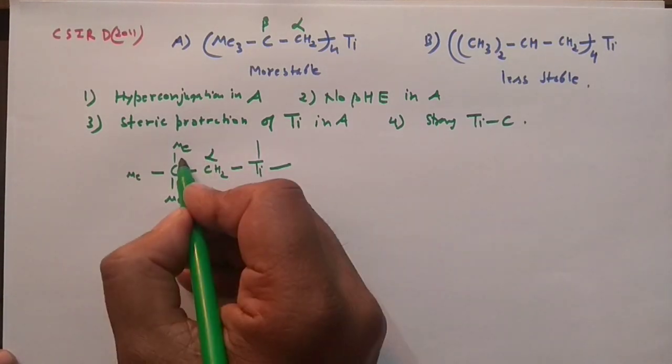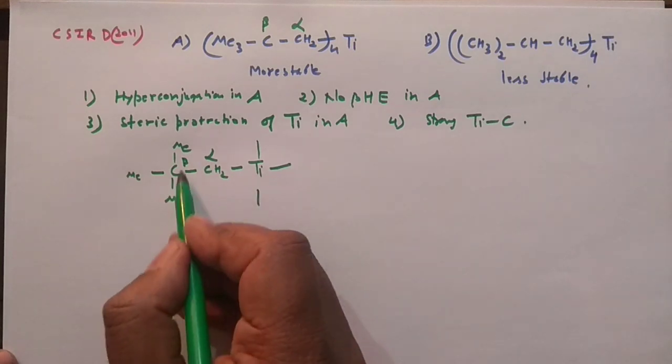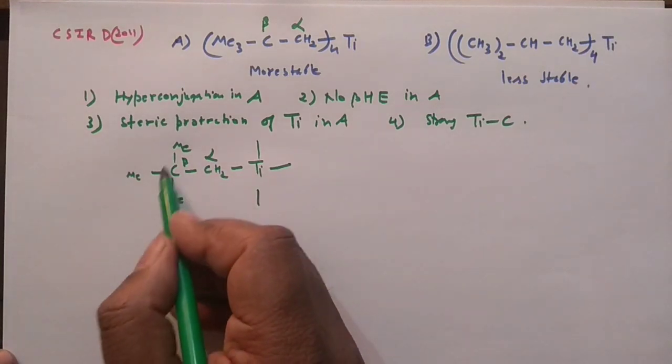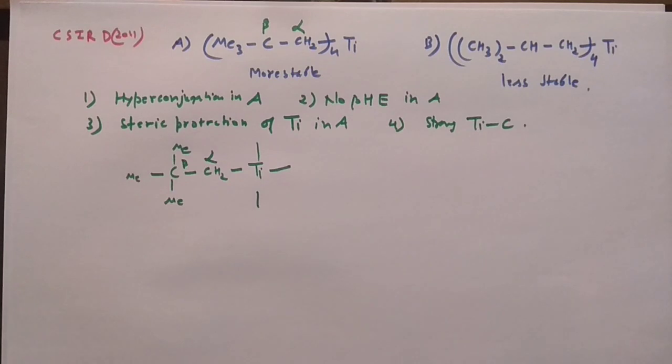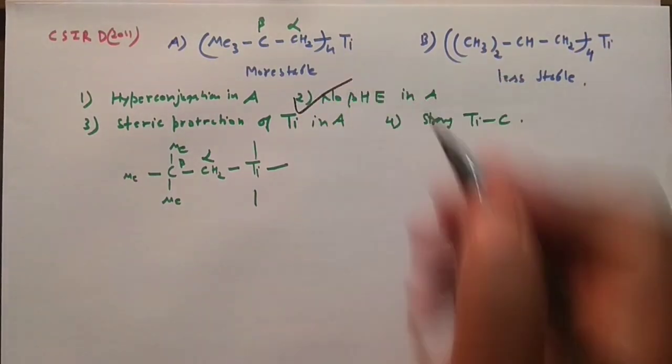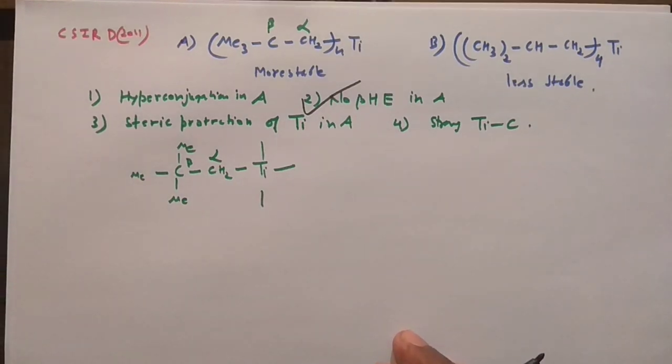So this is your alpha carbon, this is your beta carbon, and the beta carbon does not have any hydrogen. That means no beta hydride elimination reaction would occur, and your obvious answer is this one, right? So this is how you can solve this question.